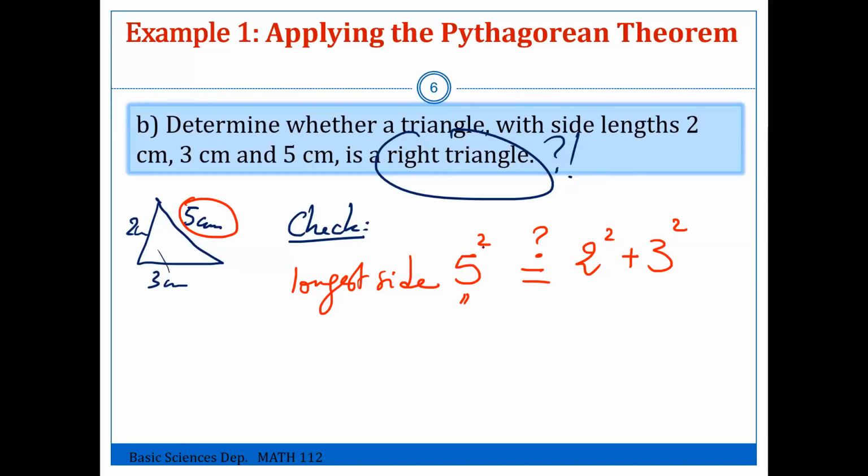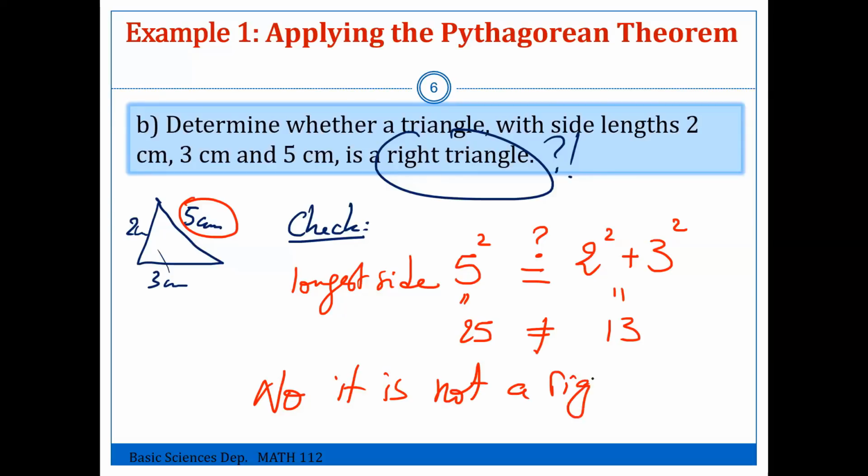This one is 25, and this one is 4 plus 9, 13. Are they equal? No. So is it a right triangle? No, it is not a right triangle because the Pythagorean identity is not satisfied.